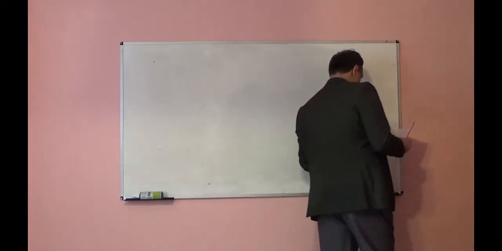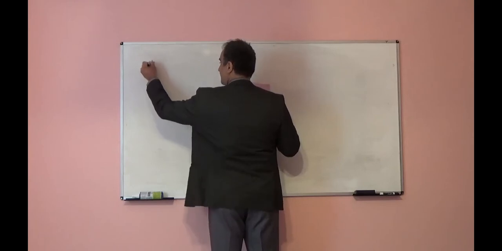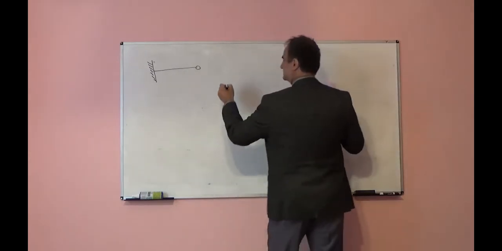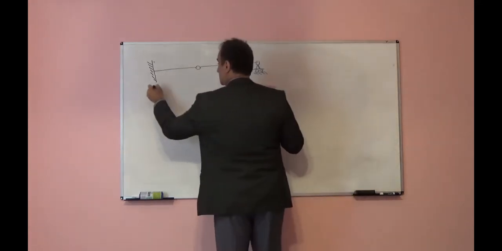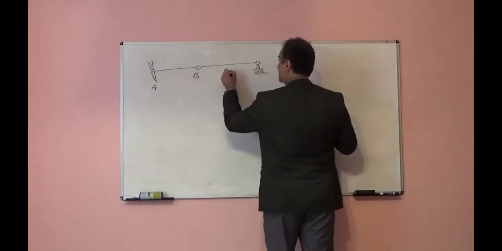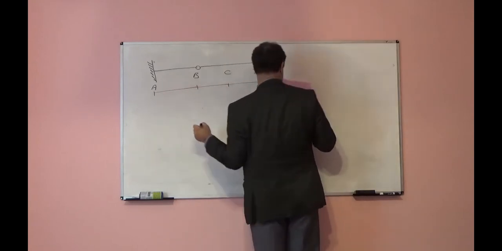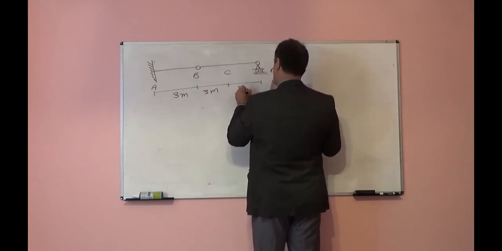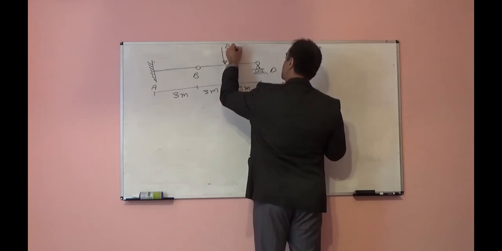Let's look at this example. We have this beam. A, B, C, D. 3 meter, 3 meter, 3 meter, 25 kilonewton.